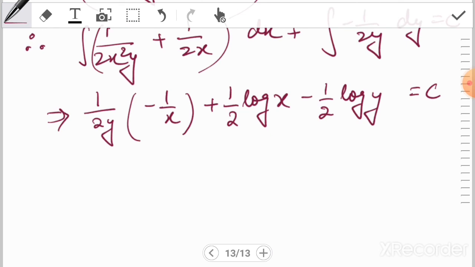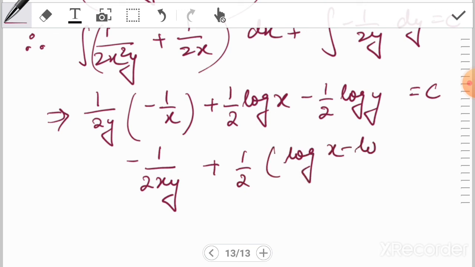Now we can further simplify this since we have logs here. If you take half common, then it will be minus 1 by 2xy plus half of (log x minus log y), which can be written as log of x by y.